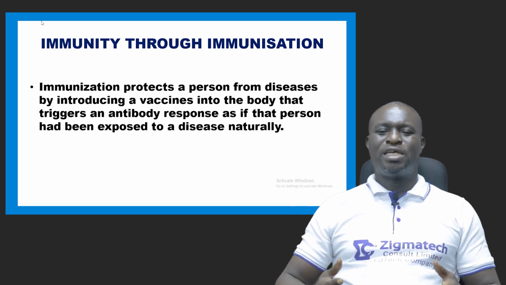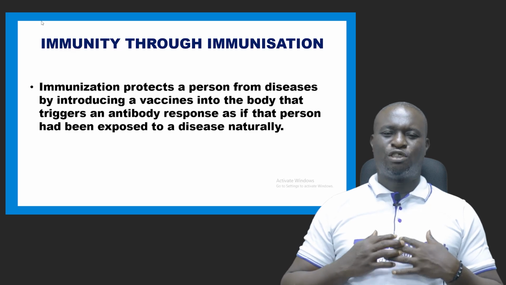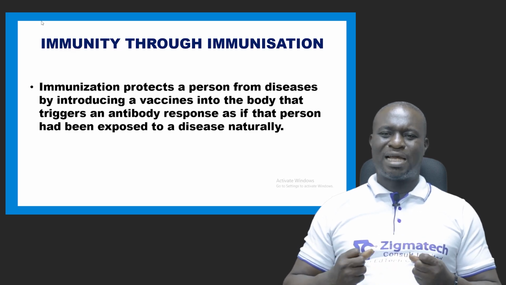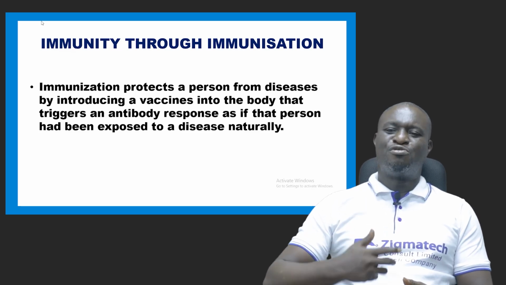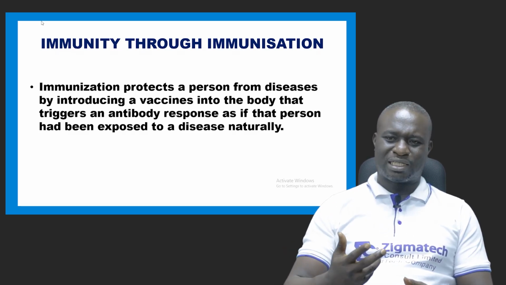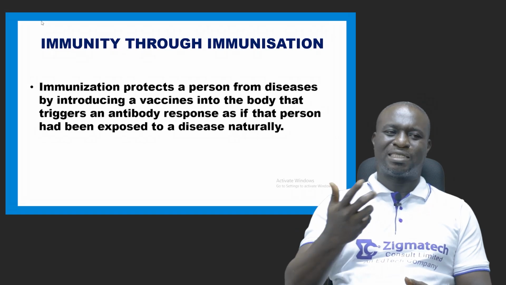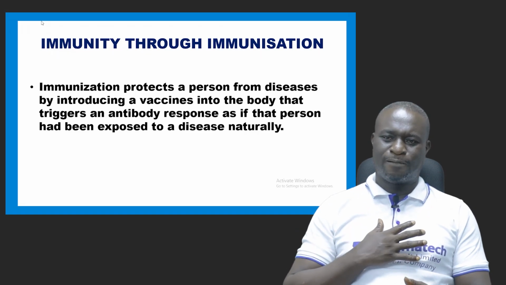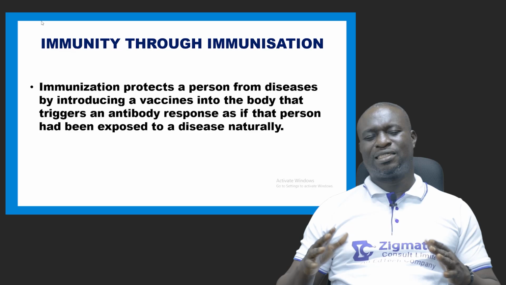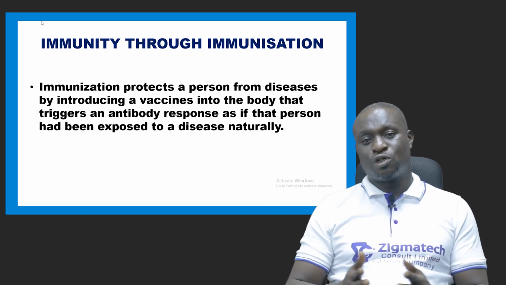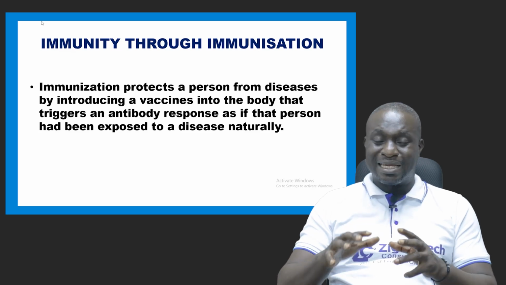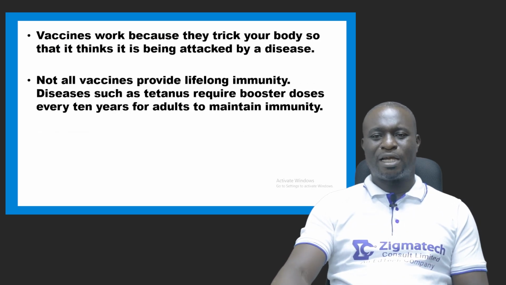They introduce a vaccine into the body. The body recognizes this vaccine as a threat and then releases antibodies in response to the vaccines that have entered into the body. And these antibodies can stay for some years, protecting the body against these harmful microorganisms.